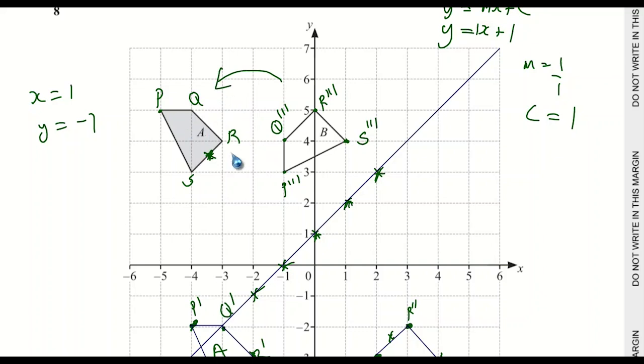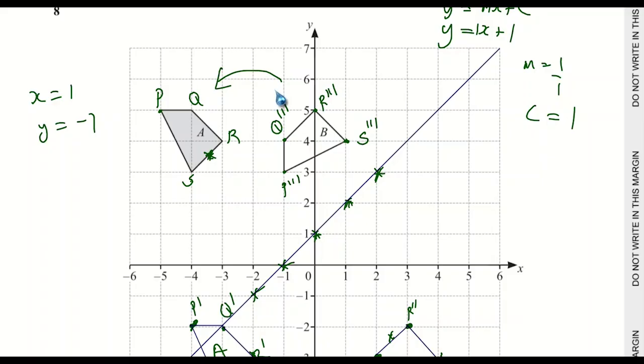So if you see now, this is PQ, and PQ is now tilted downward anti-clockwise. It's just like you rotating it like this. So that is why SR is now up here, which is S prime prime prime, R prime prime prime. So it is rotation anti-clockwise. Now we need to get the center of rotation and we need to get the angle of rotation.